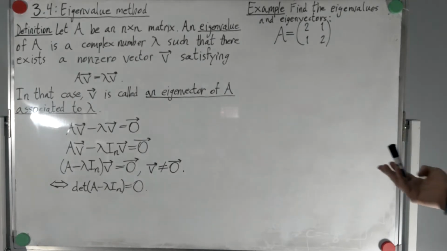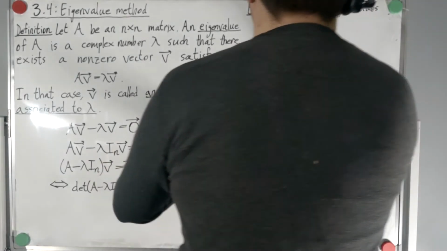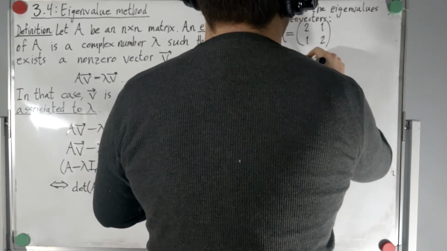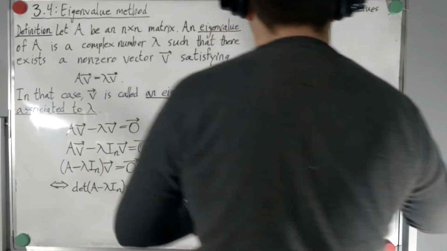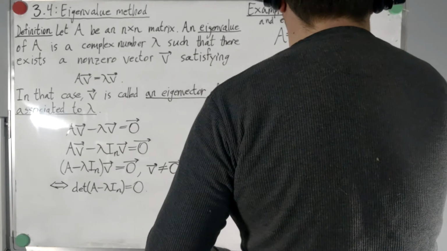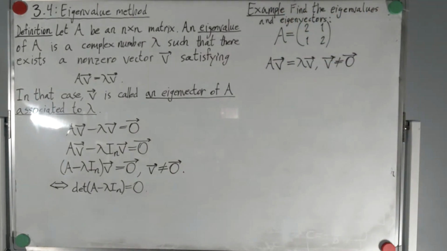Well, in order to make that happen, what we need to do is have A times V vector be lambda times V vector, with V vector not being the zero vector.